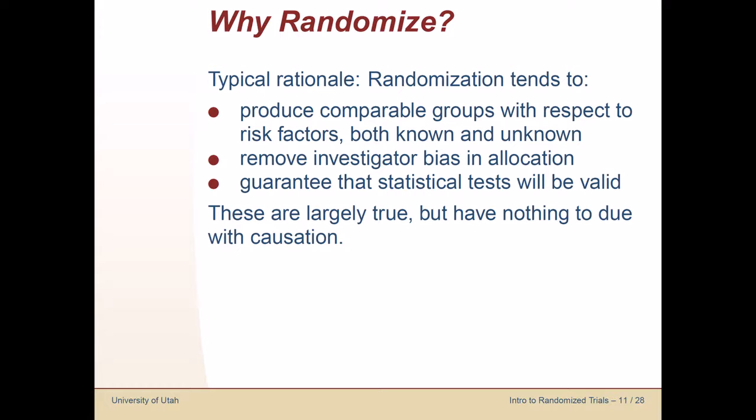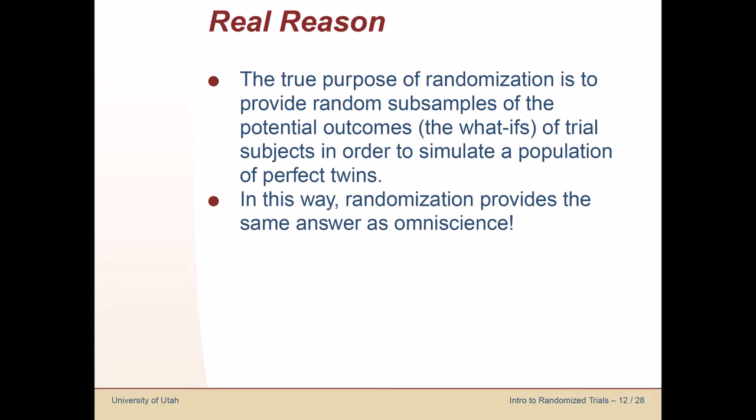And you'll find these in a lot of very respected clinical trials texts and other sources. And I'm not saying that they're wrong, they are largely true, but these have nothing to do with causation. The true purpose of randomization is to provide random subsamples of the potential outcomes, in other words, the what-ifs of the trial subjects, in order to simulate a population of perfect twins.